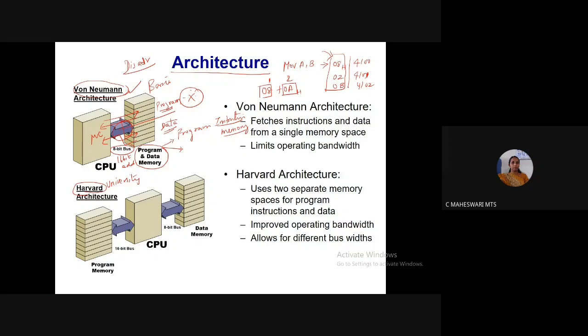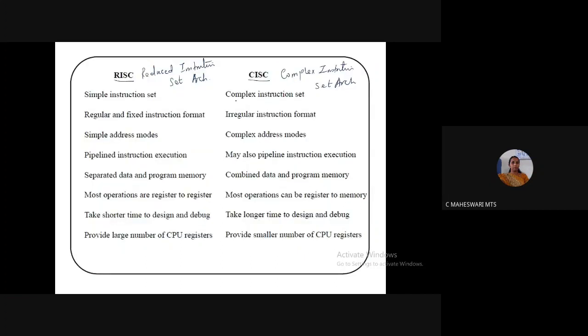If you're using a common address and data bus, it is difficult to process the instructions as well as store the data in the memory. So the advanced architecture was introduced by Harvard University, called Harvard architecture, and then the complex instruction set architecture. So two types of architectures are commonly followed.